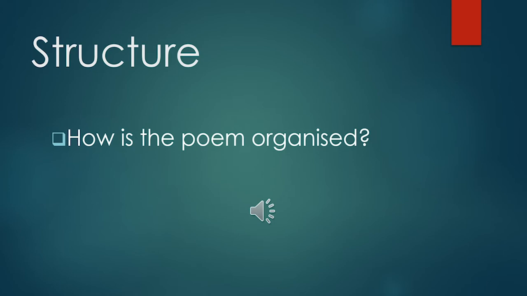Now, how is a poem generally organized? So, when you see lines together like they are in a paragraph, this is generally called a stanza. Sometimes it can be called a verse, but it's called a stanza. So this is a group of lines like a paragraph in a poem. And each stanza then will be broken into lines.